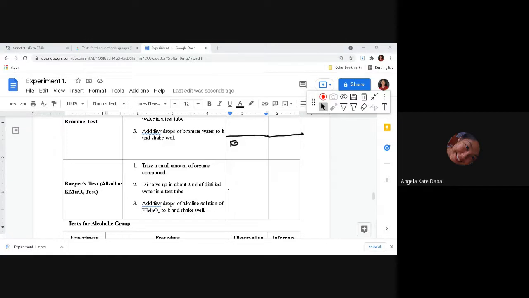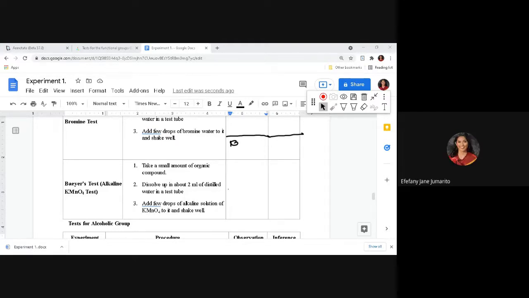Marvin. Take a small amount of organic compound. Okay, so who else? Albert.